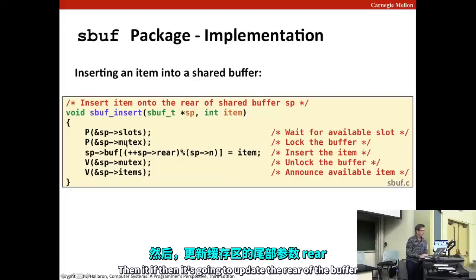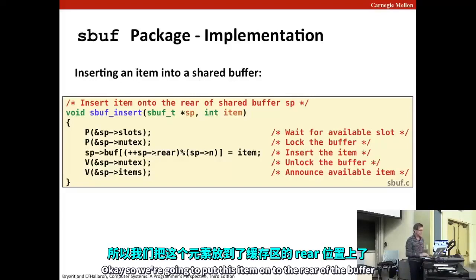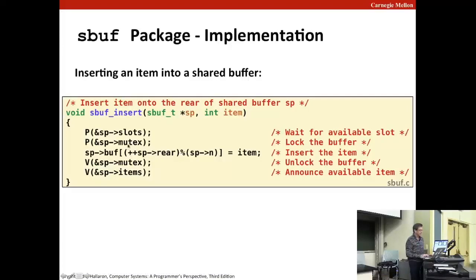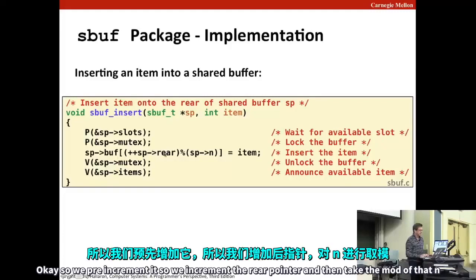Okay, once there's an available slot, then it's going to update the rear of the buffer. Okay, so we're going to put this item onto the rear of the buffer, and so it needs to protect that access to that shared buffer with a mutex. Then it does that by doing a P on the mutex, updating our rear pointer. Okay, so we pre-increment it.